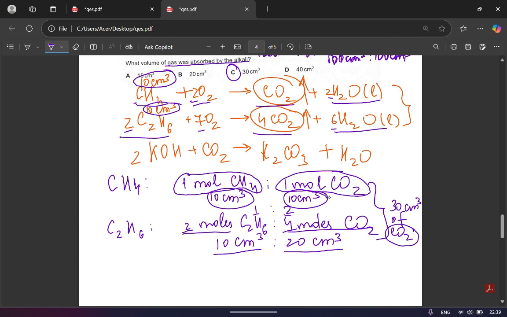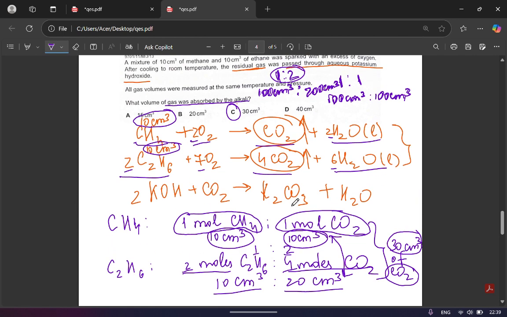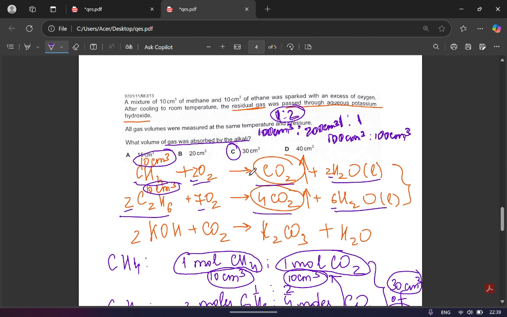So we just add up these 2 volumes of carbon dioxide, and we find out that the total volume of carbon dioxide produced is 30 centimeters cube, and therefore the answer is 30 as well.